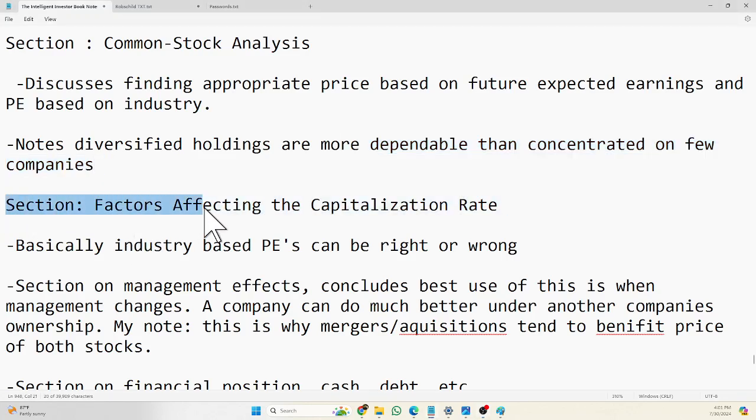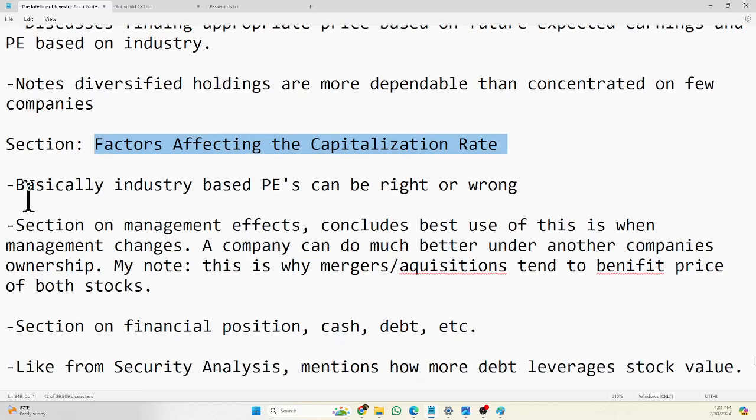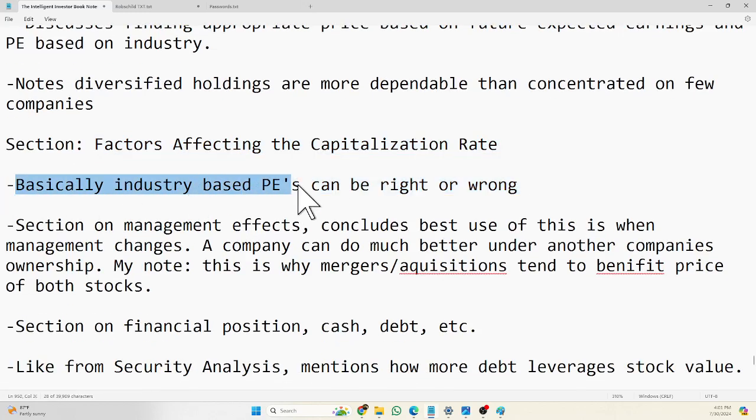And we have another section, factors affecting the capitalization rate. Basically, industry-based PEs can be right or can be wrong. This has to do with the future of the industry, like railroads in general. They're not as much of a part of the world as they used to be.